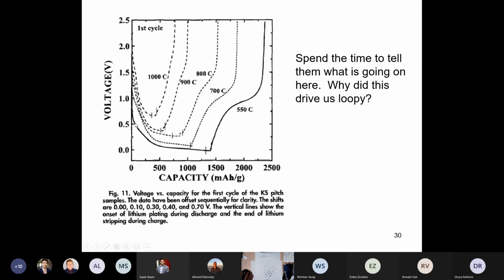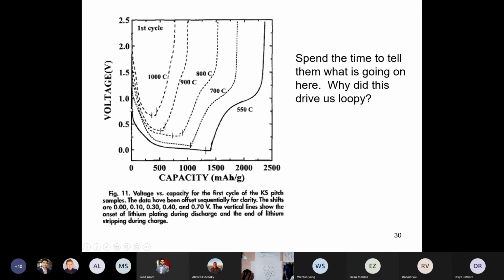This is, again, showing what these voltage profiles look like. So this is for the Kariha pitch, heated at different temperatures. And these curves have been sequentially offset just so they're not on top of each other. The shifts are listed down below for the offsets. Not important.